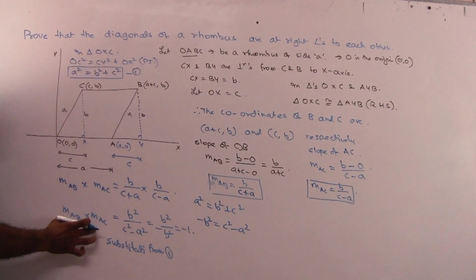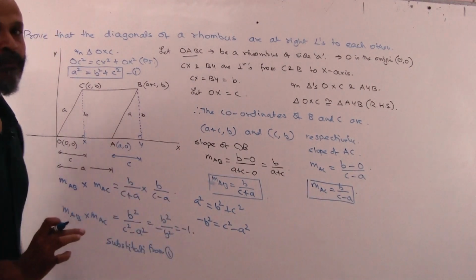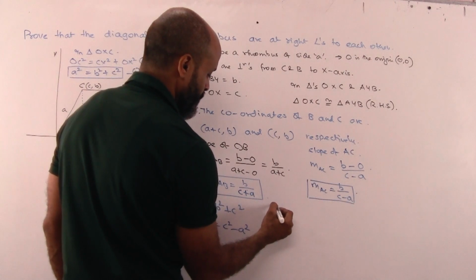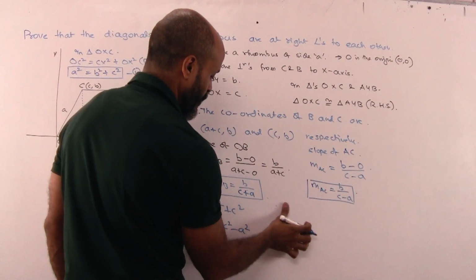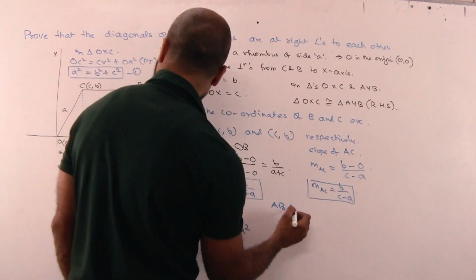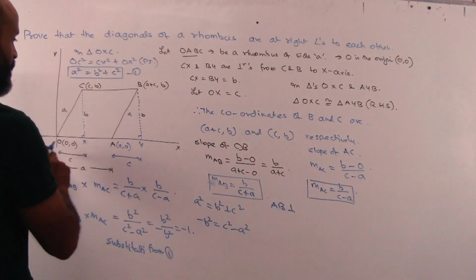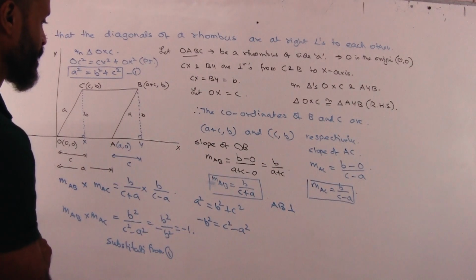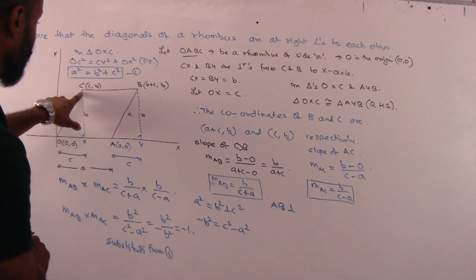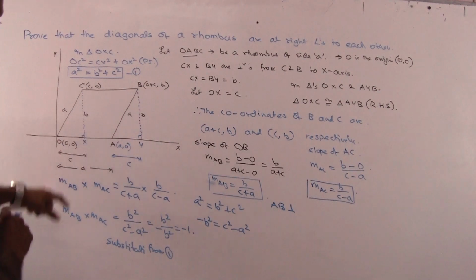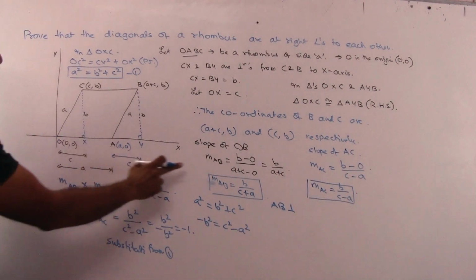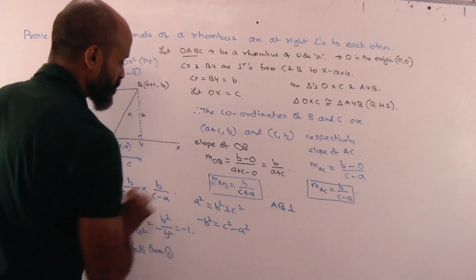See, if the product of slopes of two lines gives you minus 1, then the lines are perpendicular to each other. So therefore we can say that AB is perpendicular to, why am I writing this? Slope of AB, I have goofed up somewhere. Slope of OB, I am so sorry, this should be written as OB.